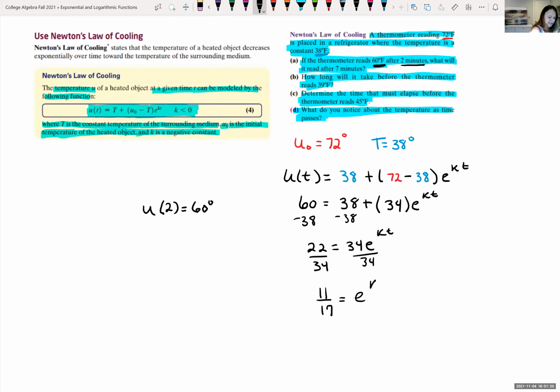equals e to the kt. Take the natural log of both sides. Natural log of e is just its exponent. So kt, but we know what t is, right? That t over here was 2. So it's 2 minutes.